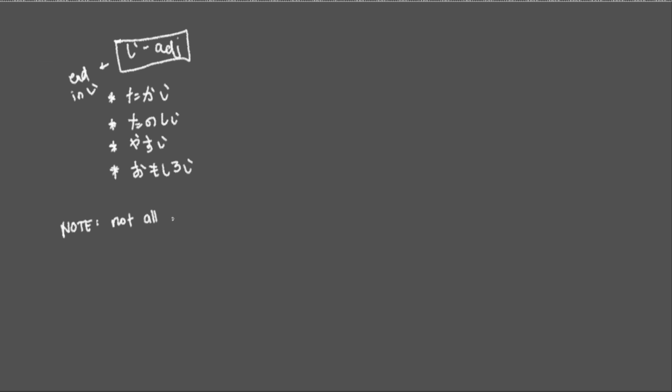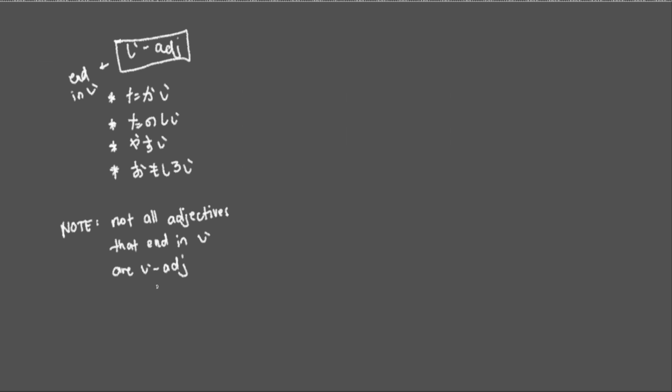However, not all, okay, let's note here, not all adjectives that end in E are E adjectives. Because there are some adjectives that end in E, but are considered as na adjectives.